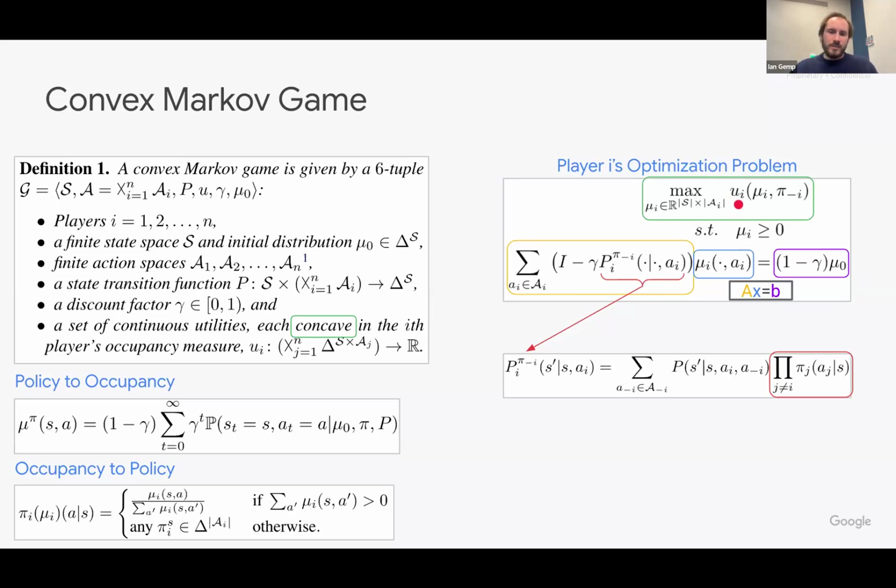If this utility function was just linear, then the best response could be pure. But we'll try out utility functions that have entropy bonuses, and so then you'd have an incentive not to play a pure occupancy measure.